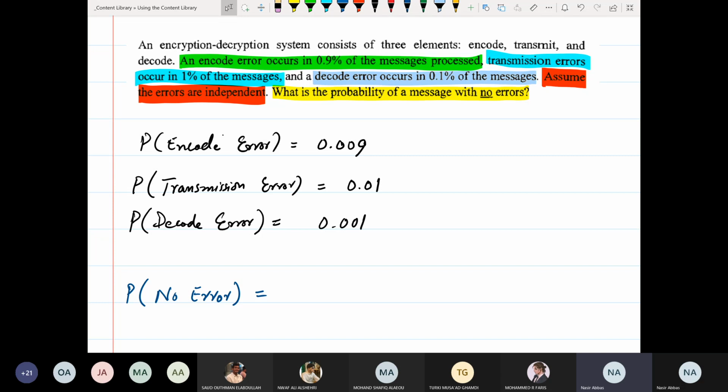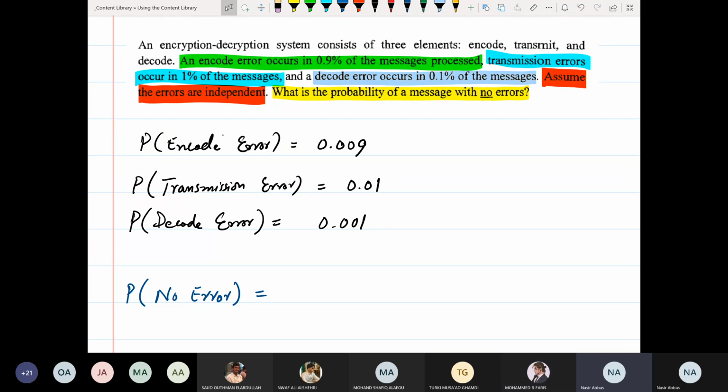I can find it directly or I can find it indirectly. Muhammad Faris. Yes, Doctor. Directly 1 minus the addition of all that transmission, right? I would say that is indirectly using the complement. Okay. How would you find it directly?